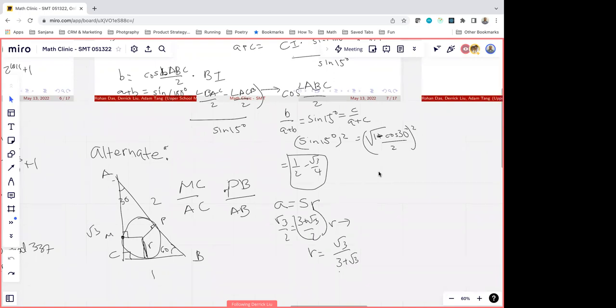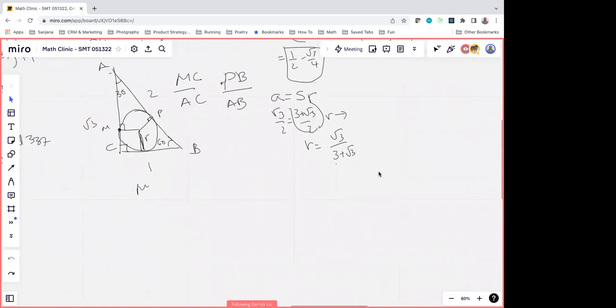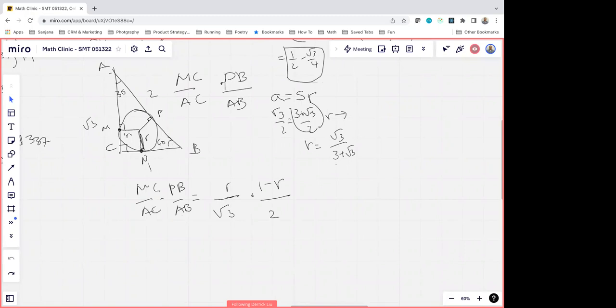And so finally, MC over AC times PB over AB is R divided by √3 times PB, which is equal to NB, which is equal to CB minus R. So this is (1 minus R) divided by 2. And this is equal to √3 over (3 plus √3) times (3 over (3 plus √3)) divided by 2√3. And this once again gives us 1/2 minus √3 over 4.